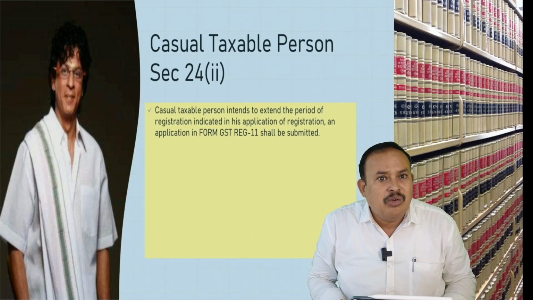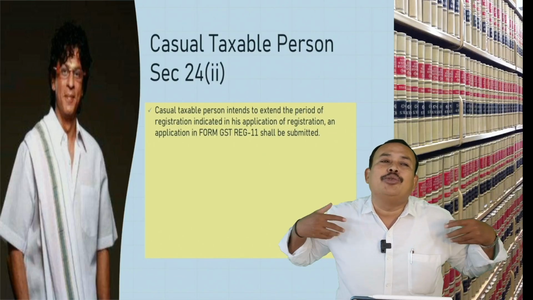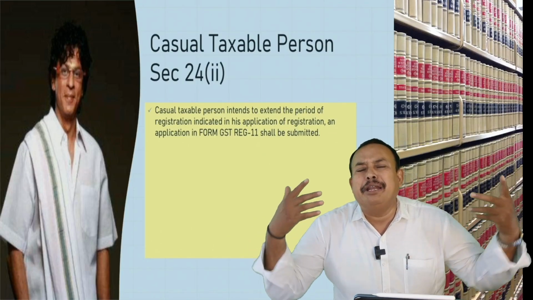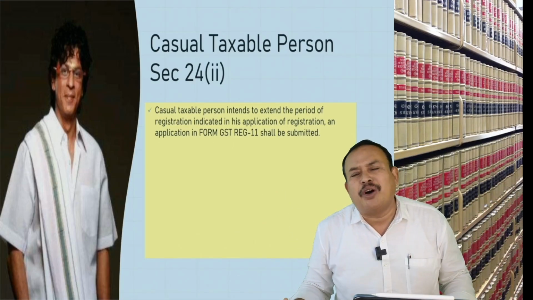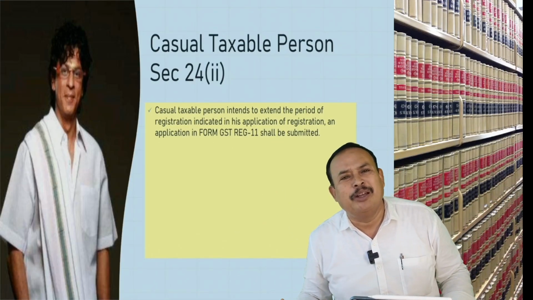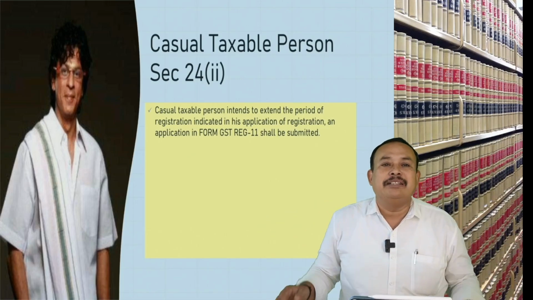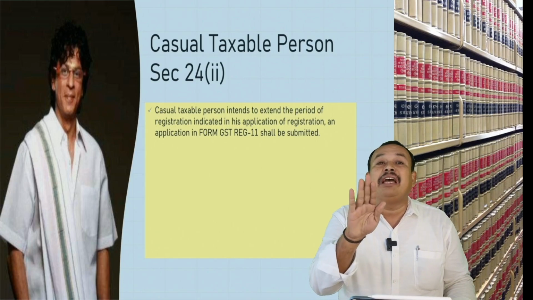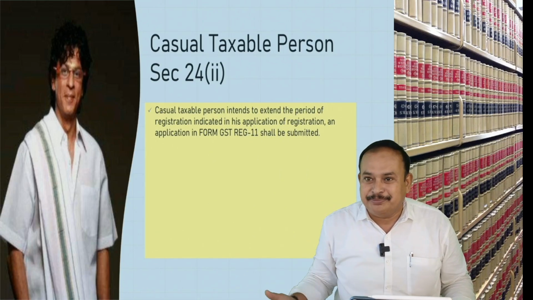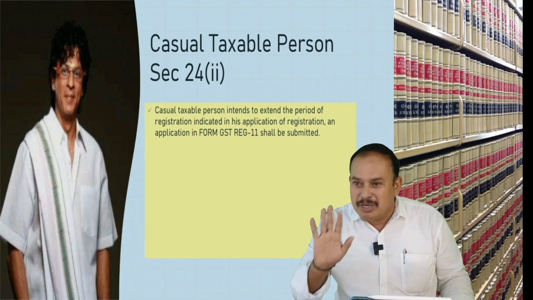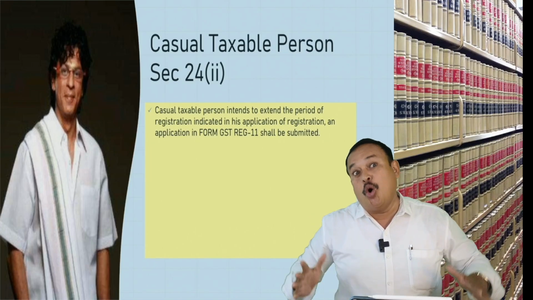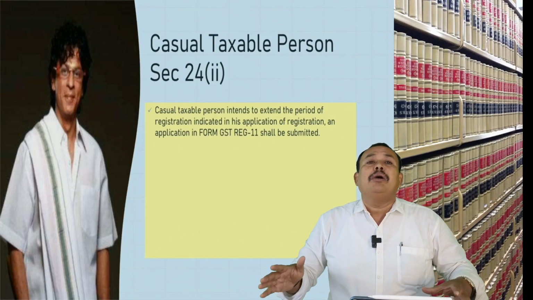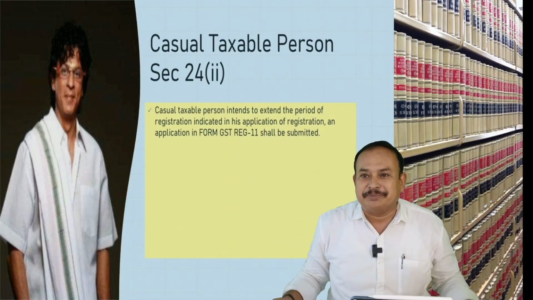So the maximum time limit for a casual taxable person is the first lot of 90 days and the second lot of 90 days together. He says, I too love our Tamil people, they are very good, kind, soft, honest people. I want to stay further in the state of Tamil Nadu. Hey, casual taxable person, you cannot be allowed to extend further. Only one extension is allowed. If you have so much love and affection, have a place of business in Tamil Nadu and apply for normal registration.